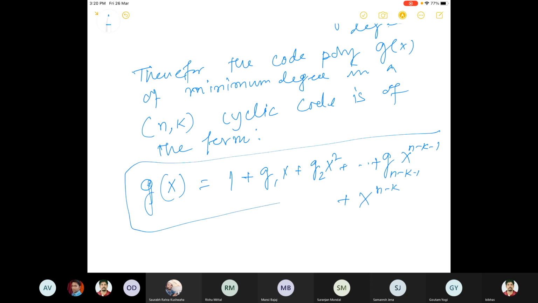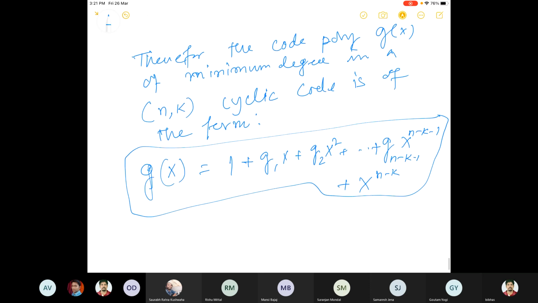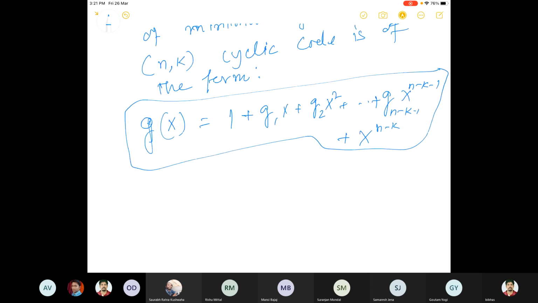So given n and k, this has to be the minimal polynomial. And every code polynomial is a scaling of this Gx. Scaling here means some polynomial times Gx, and the degree has to be less than or equal to n minus 1.